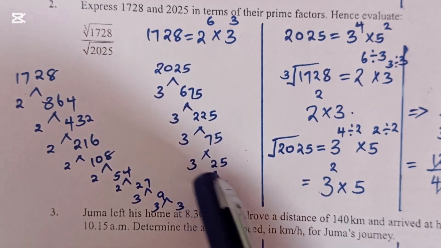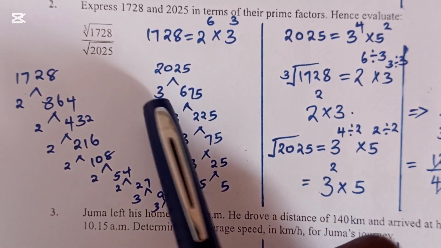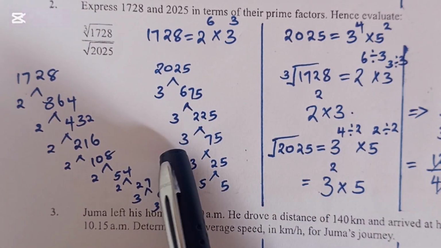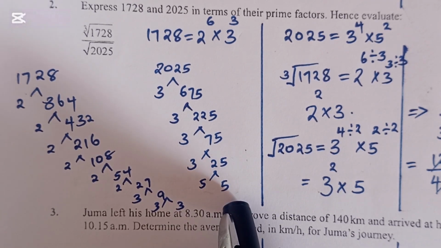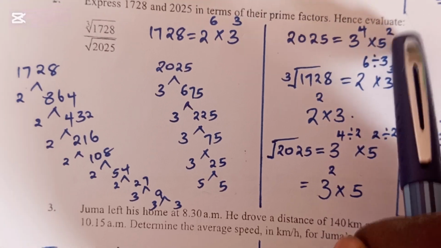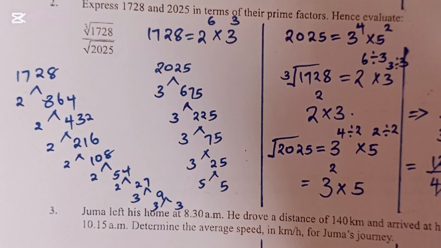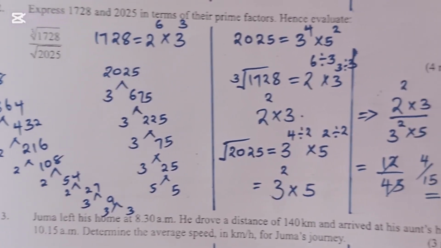So the prime factorization of 2025 is 3 times 3 times 3 times 3 times 5 times 5, which can be summed up as 3 power 4 times 5 power 2. At this point, we have our prime factors.